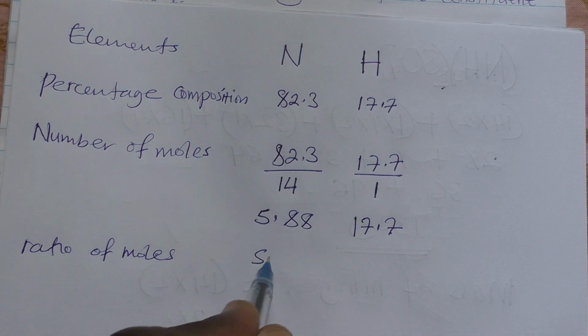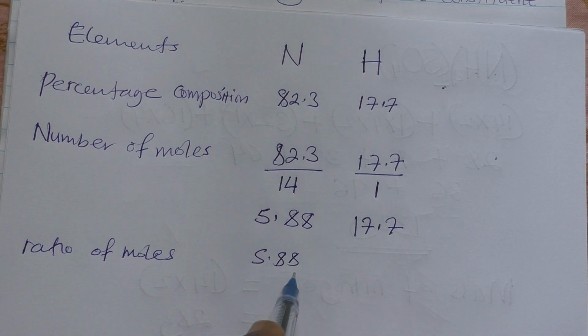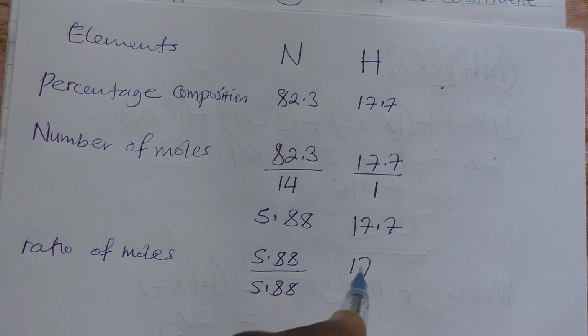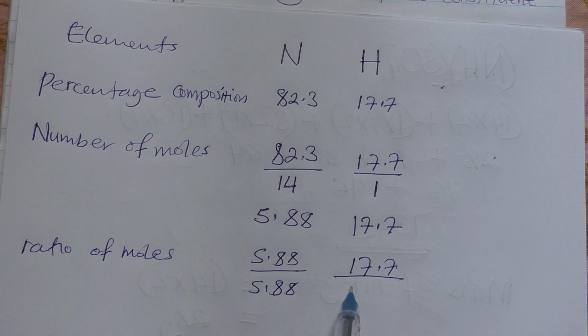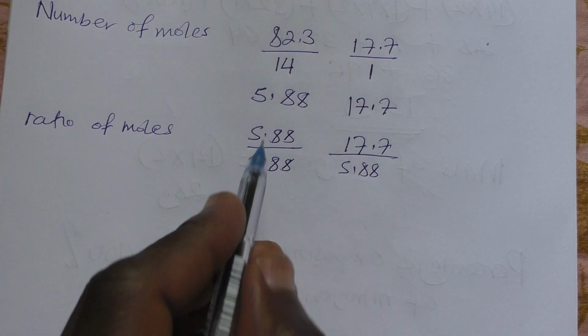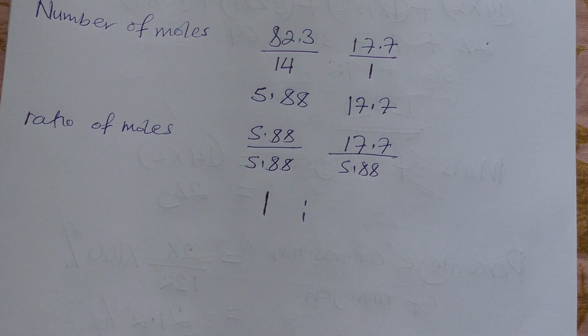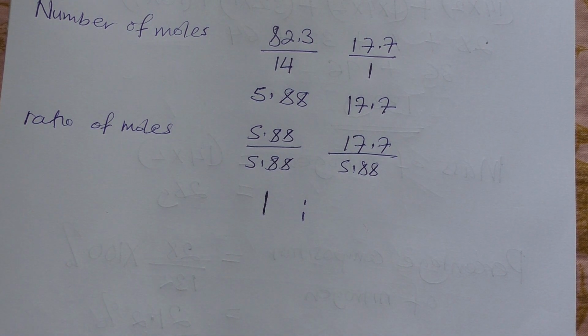So we shall divide by the smallest figure, which is 5.88. So this 17.7 divided by 5.88. This gives us 1 for nitrogen, and 17.7 divided by 5.88 gives us 3.